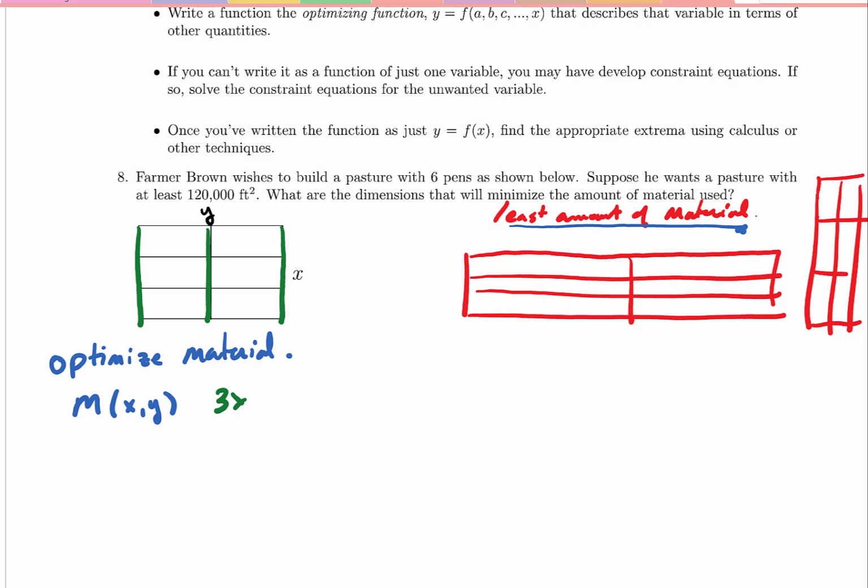We'd have 3 X's. And then if you were going to do the same thing for Y, well, we'd have a strand of length Y here, a strand of length Y here, right? You could imagine actually stringing this fence, and so we'd have to make 4 strands of length Y there, so plus 4Y, okay?